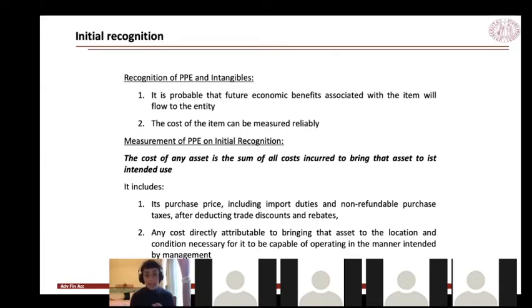Items that did not meet the criteria for initial recognition were recognized in order to make the company look healthier and more profitable than it was supposed to. So this is why I'm stressing so much about these two criteria. They're not just abstract words, because in practice, they translate into huge differences in how the company is presented.